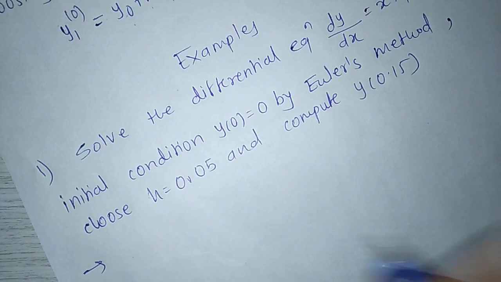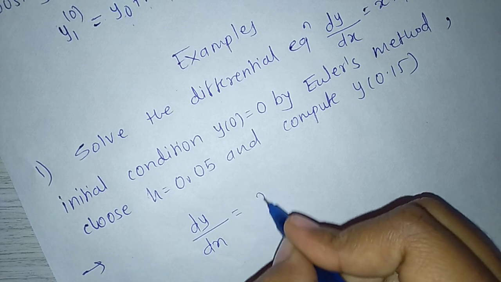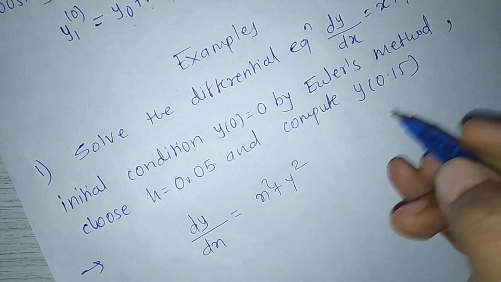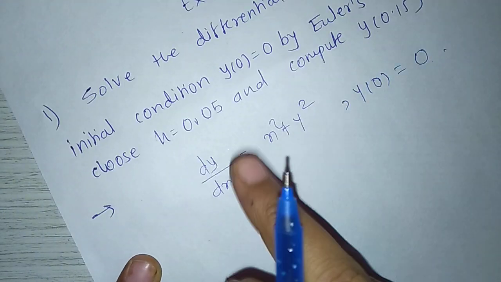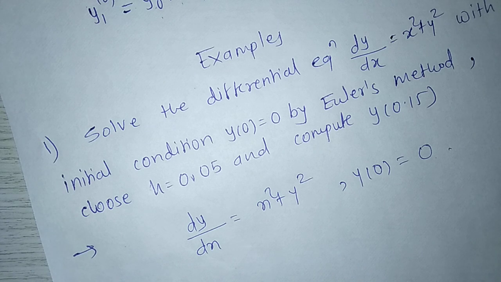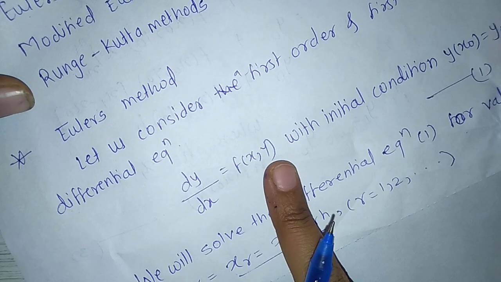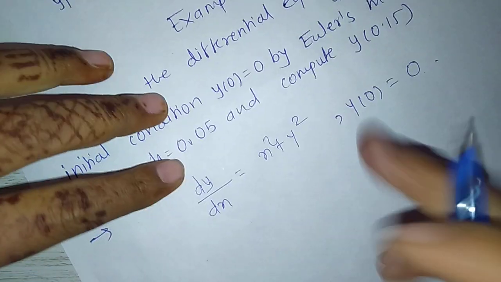The given differential equation is dy by dx equal to x square plus y square with initial condition y of 0 equal to 0. Here dy by dx equal to f of x, y and dy by dx equal to x square plus y square.